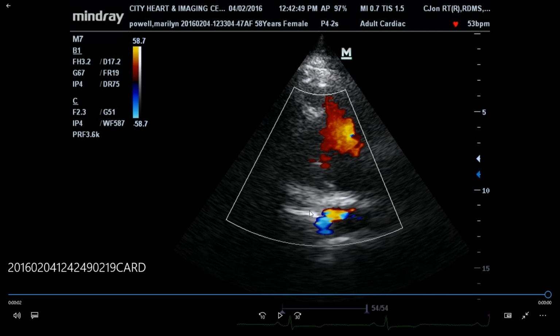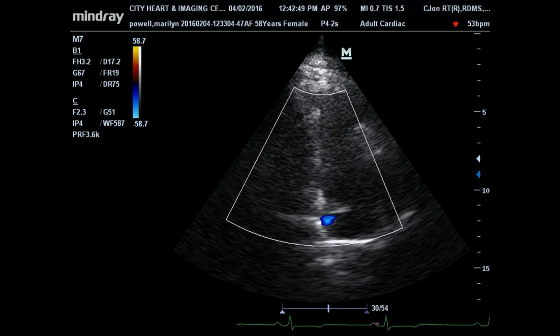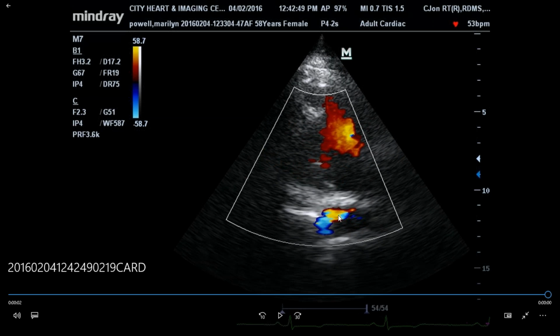It's not exactly moving up towards the transducer, but it's close. It's moving this direction, so that's why you get this sort of mosaic color. That suggests flow from the inferior vena cava into the right atrium. It's more shade of red.